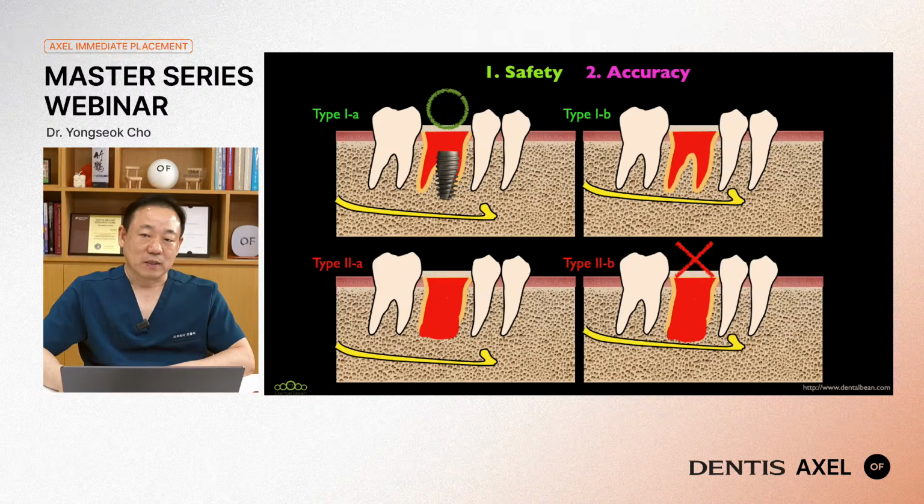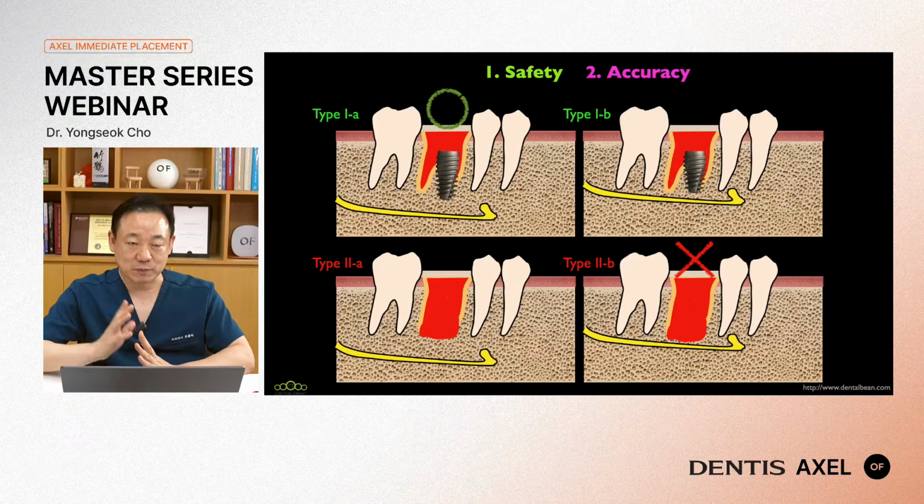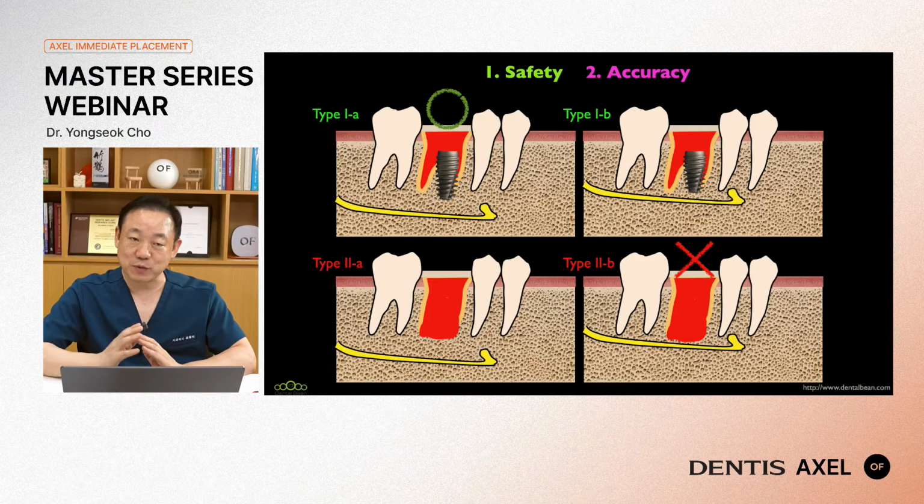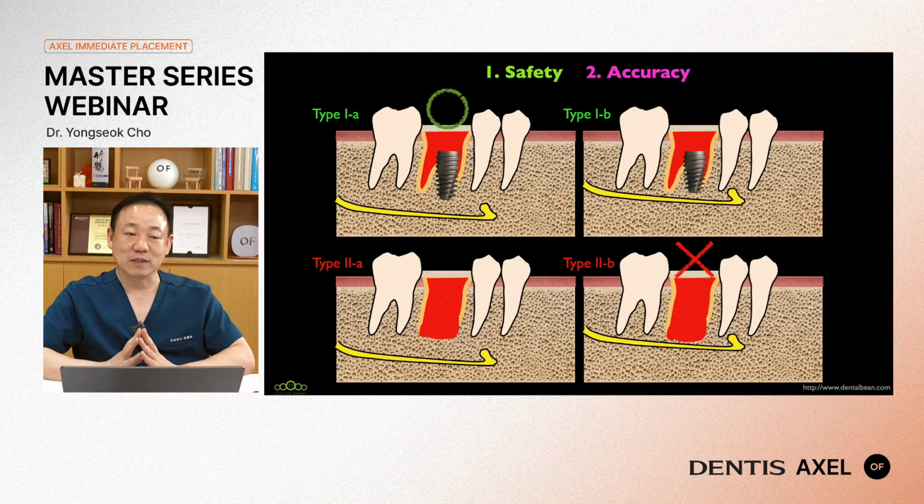Type 1B, when you place the implant very carefully and you are an experienced dentist, you can do that. You can place the implant like this. However, it is not easy, especially for beginners who have less experience of immediate implant. It is highly risky.